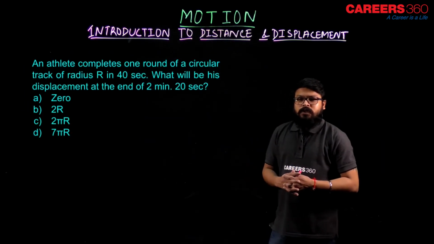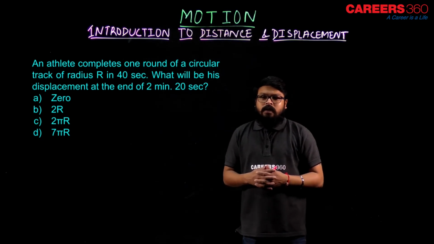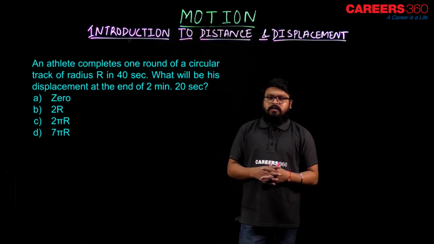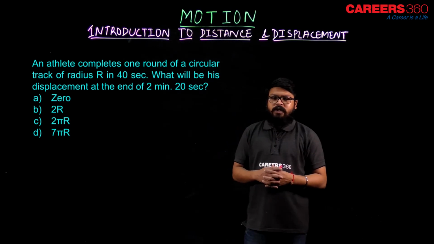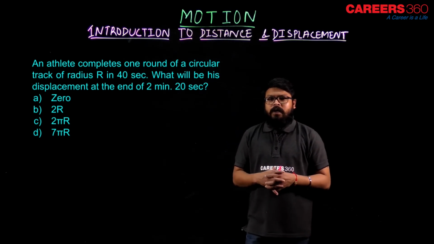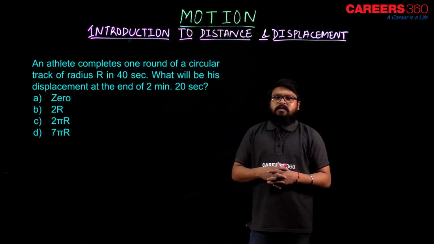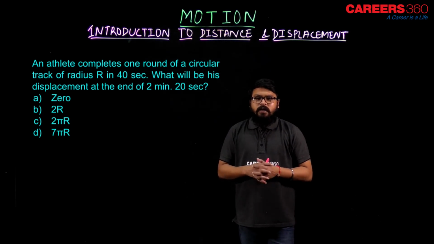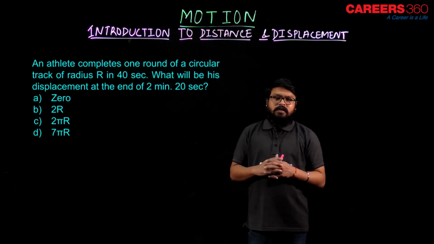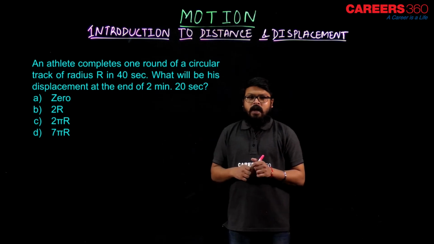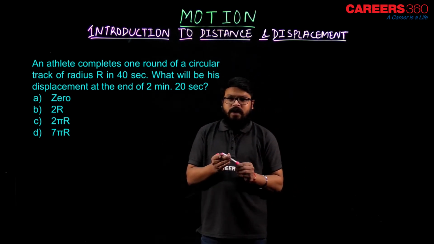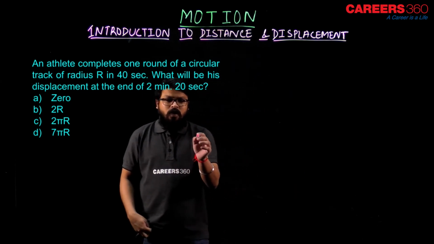As you can see the second question over here, an athlete completes one round of circular track of radius r in 40 seconds. What will be his displacement at the end of 2 minutes 20 seconds? Now, over here they are asking you what is the displacement, and there is a circular track of radius r. So, let us draw that.